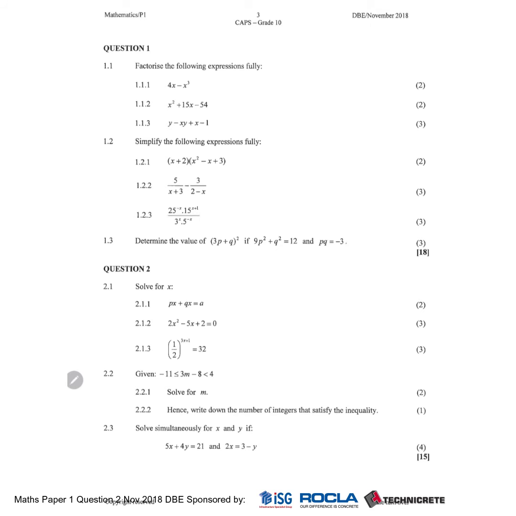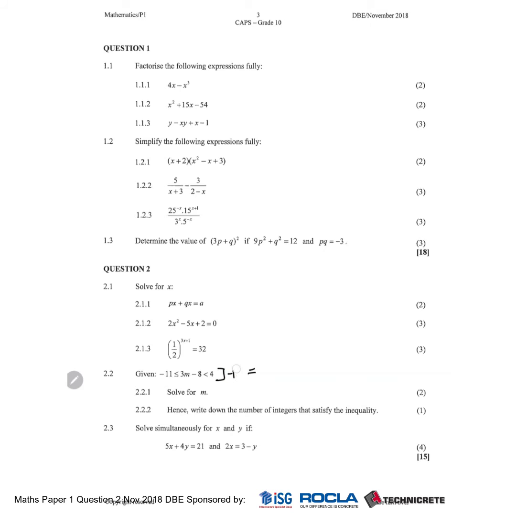Now for 2.2, we're given that minus 11 is less than or equal to 3m minus 8, which is less than 4. We normally just treat this as a normal equation, and I try and get rid of those signs, just put an equal to instead to make it a bit easier for me to see.